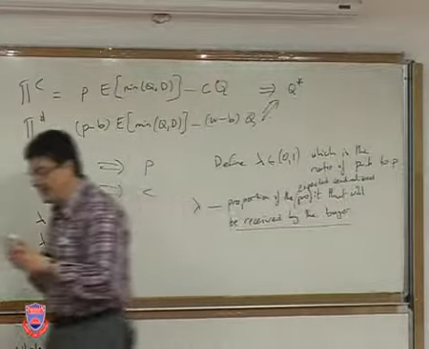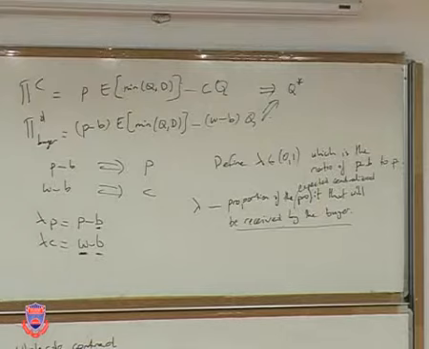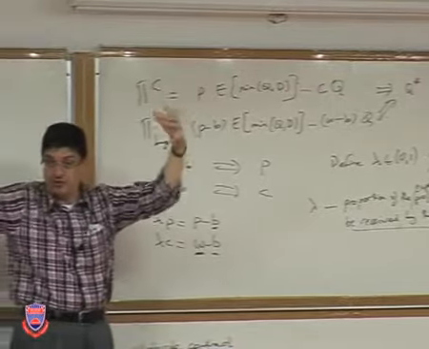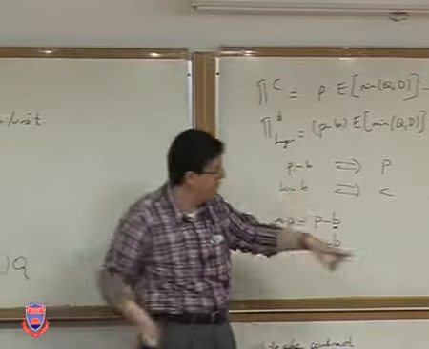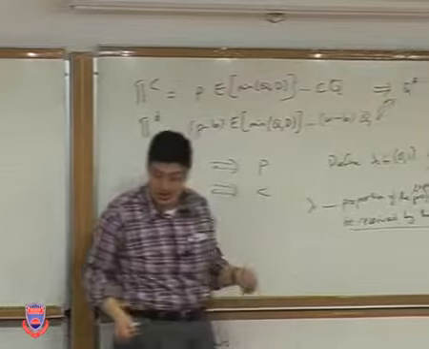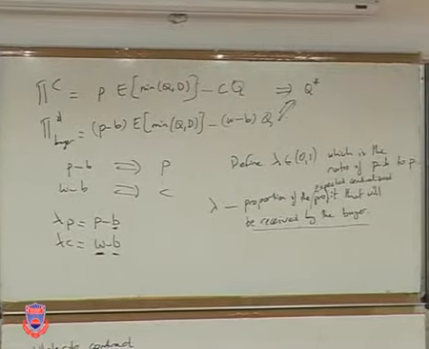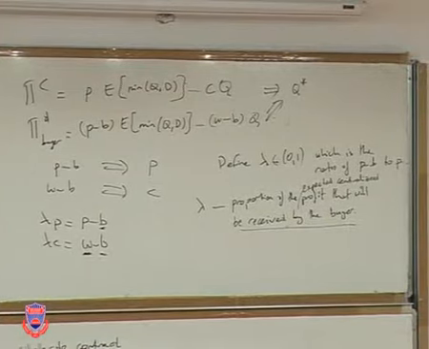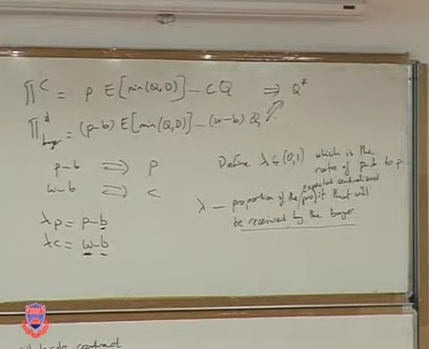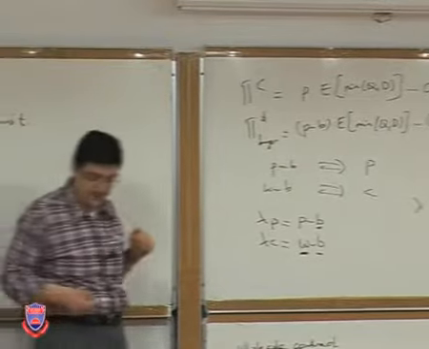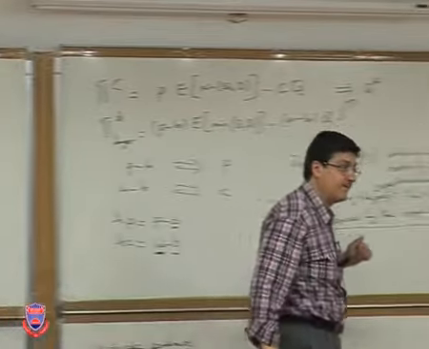So if you apply this contract, as a result of this, there will be a chunk of expected profit in the system, the centralized profit, and lambda proportion is going to be received by the buyer. The remaining is going to stay with the supplier.